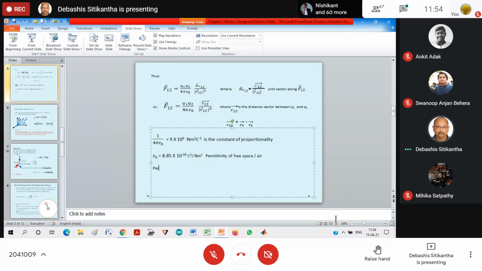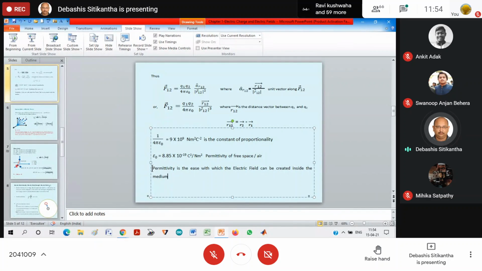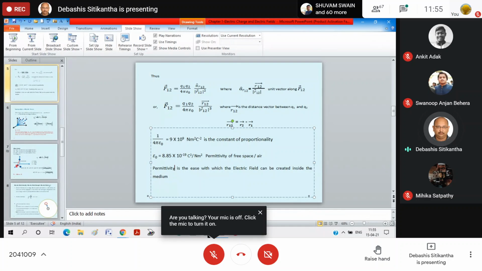So I am writing it: permittivity is the ease with which the electric field can be created inside the medium. Rather, we can write permittivity of the medium.